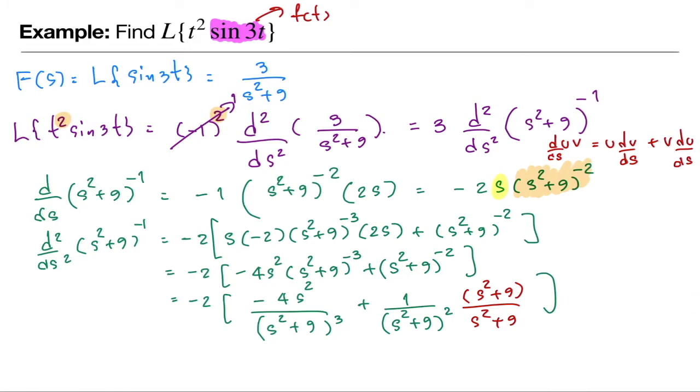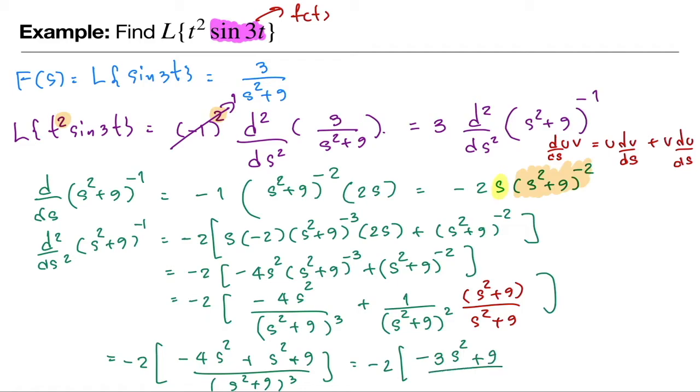Then we have minus 2 minus 4s squared plus s squared plus 9 divided by s squared plus 9 to the power of 3, and that would be minus 3 s squared plus 9... I pull minus 3 out, so I would have minus 3 times 2 is 6, and s squared minus 3 divided by s squared plus 9 cubed.